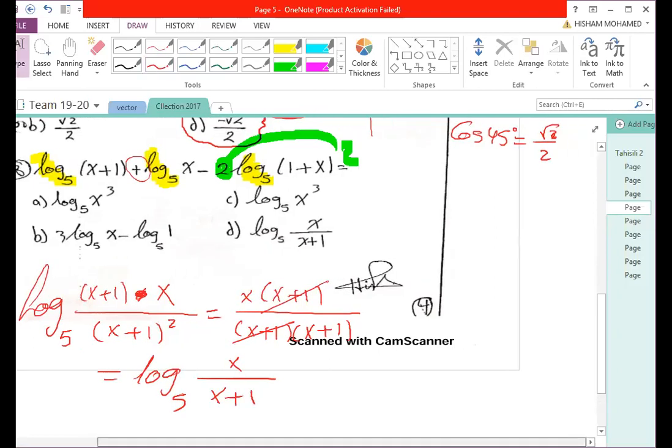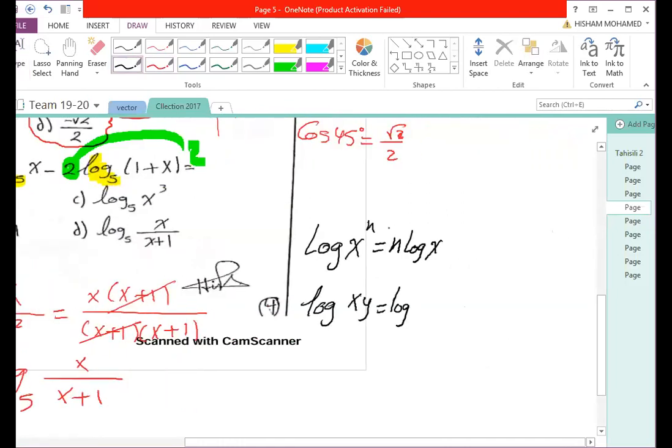Again, to clarify this rule, you should be aware that log of x to the power n is the same as n log x, and log of x times y is the same as log of x plus log of y.